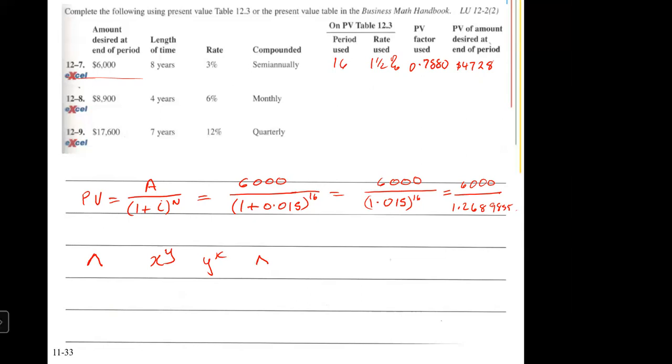And I think there might be one or two other ways it's stated, maybe Y to the N or something like that, but it varies. So you just have to check around with your calculator and see what it is. Once you get this, you're going to divide the 6,000 by that. And that should give you the answer we had there.